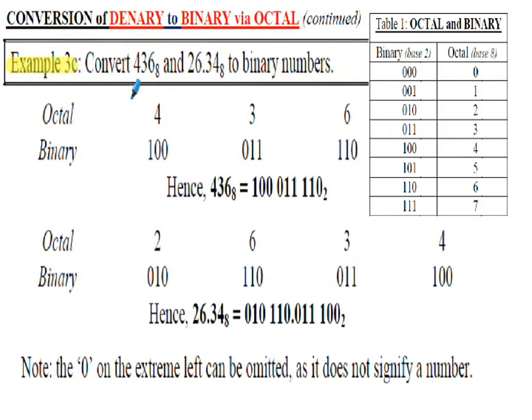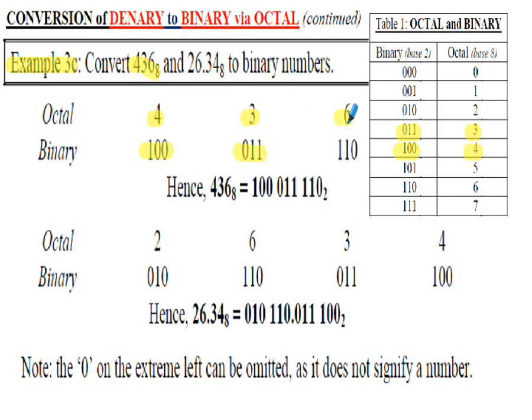Example 3c. We're asked to convert 2 octal numbers into binary numbers using table 1. Given the octal number 436 base 8, 4 in octal on table 1 is written as 100 in binary, so we replace the 4 with 100. 3 in octal is 011 in binary, so we replace the 3 with 011.